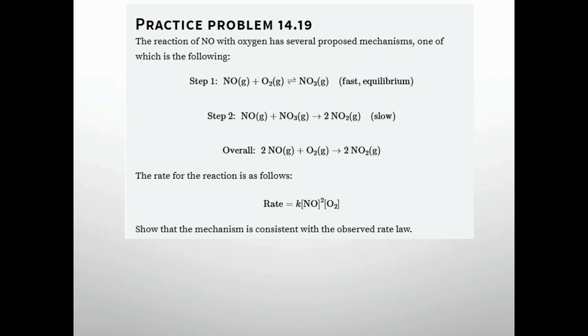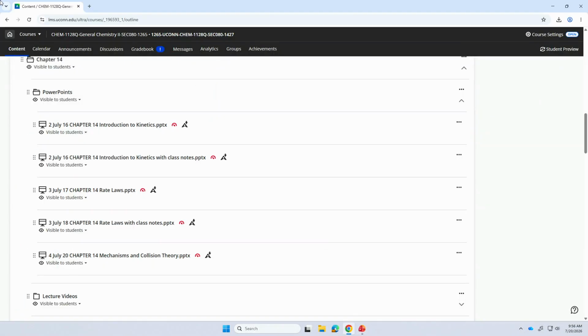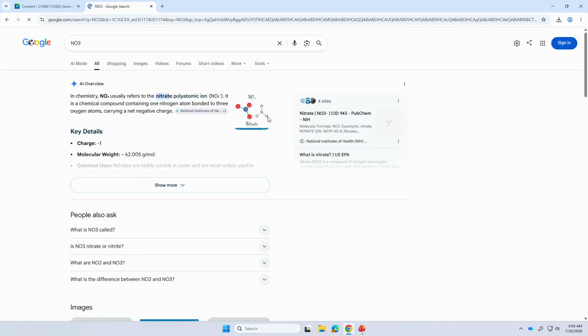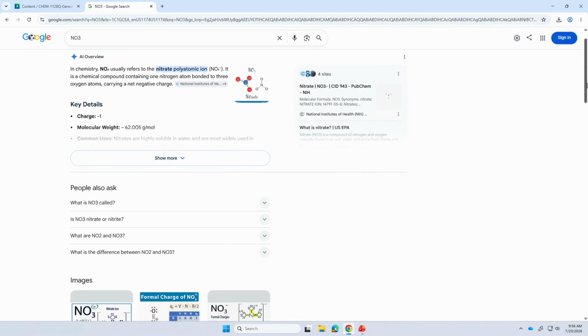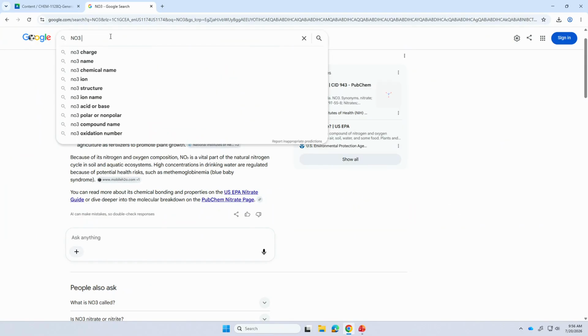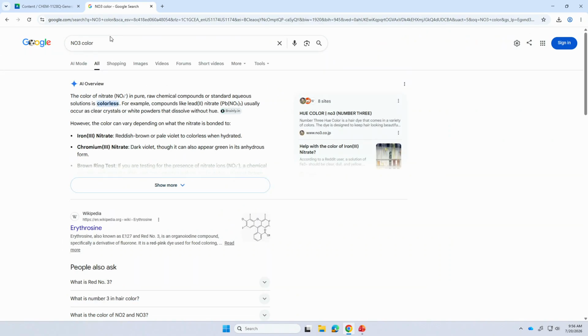Okay, so the reaction of NO with oxygen has several proposed mechanisms. None of them are truly known because we don't know what these things are. Again, I would need to find NO3, and if I look at NO3, it's colorless.